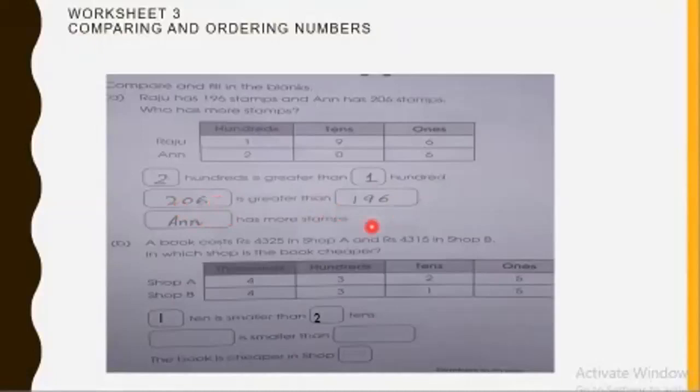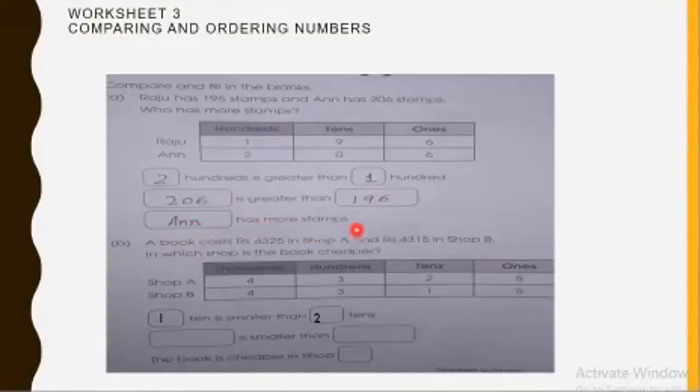No, you are going to mention over here 206 stamps is greater than 196. Yes, we're going to mention the full stamps number over here. And the last line that they give you is: dash has more stamps. Now they're asking about the name of the child. That is, Anne has more stamps.